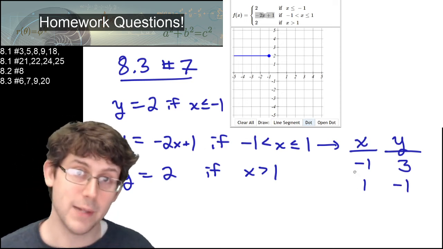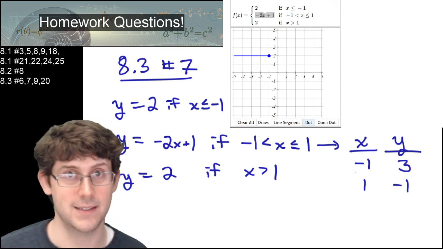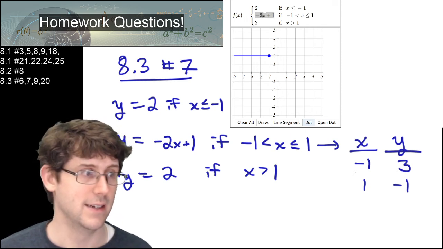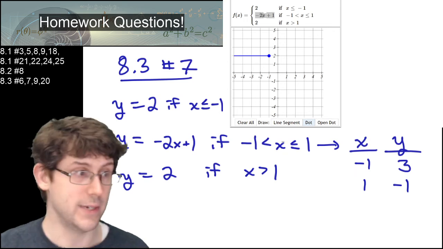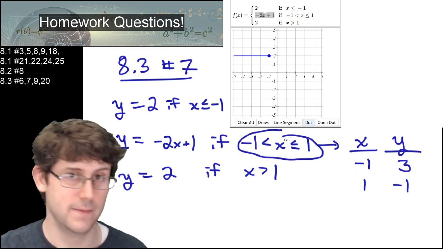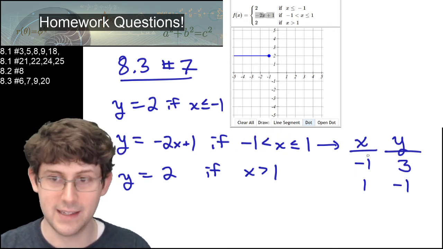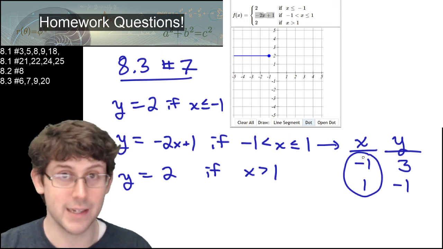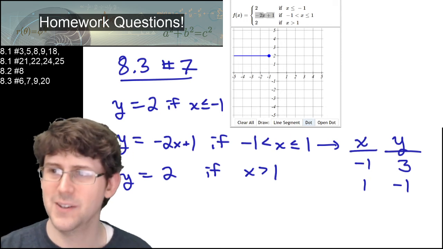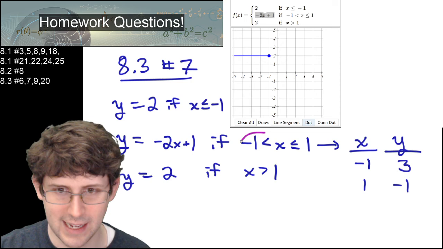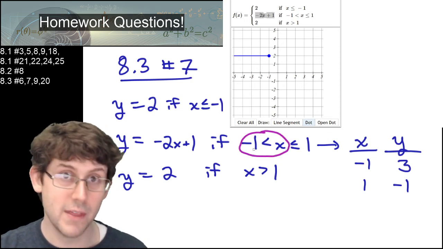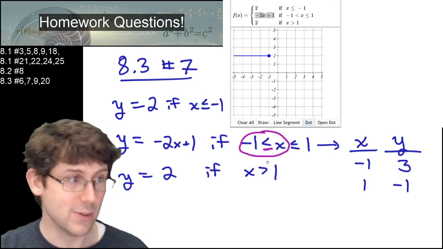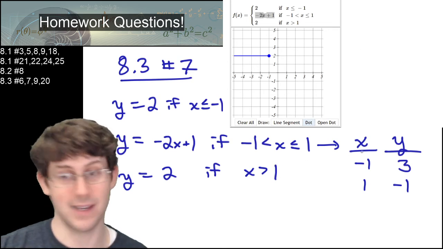But you should have a complaint about what I just did. I said plug in 2 points in this range, and then I picked these 2 points because I said always plug in the endpoints. Your complaint should be, hang on a minute, x is supposed to be more than minus 1. There's no or equal to here. You aren't allowed to plug in minus 1.